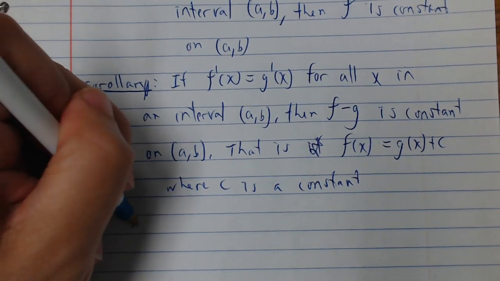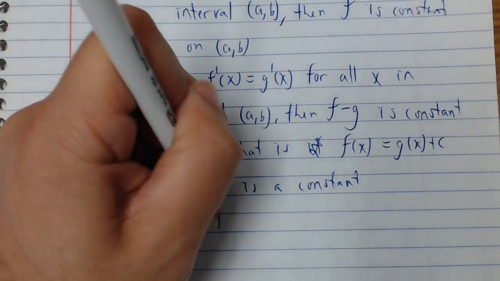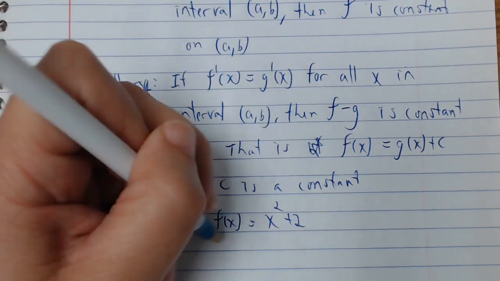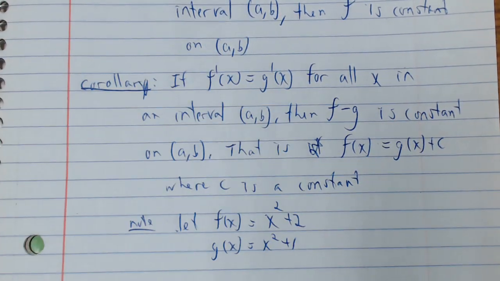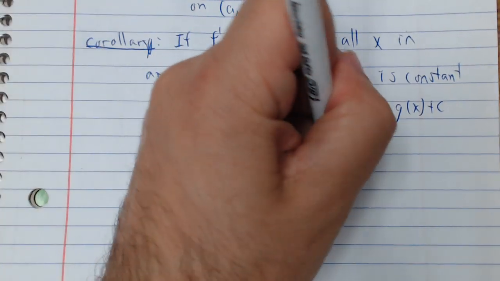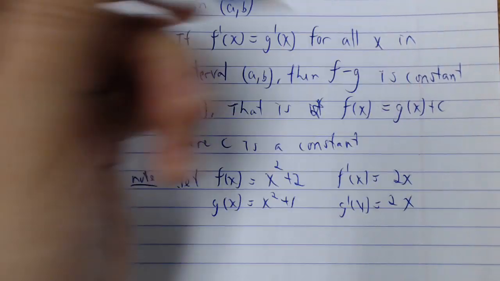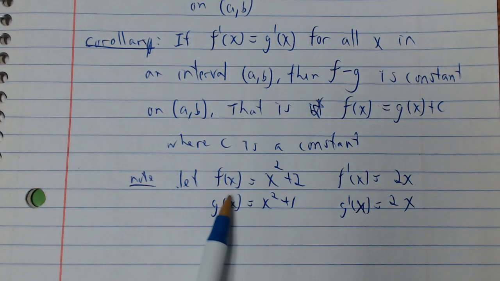An example I could give you is this. Let f of x equal x squared plus 2 and g of x equal x squared plus 1. What do you notice? f prime of x equals 2x, g prime of x equals 2x. Notice how my derivatives are the same, but these are two different functions.